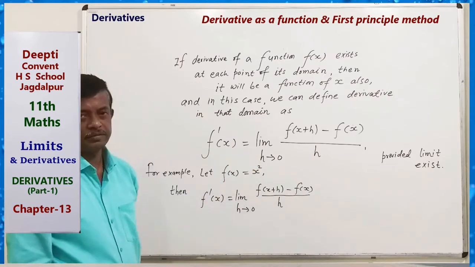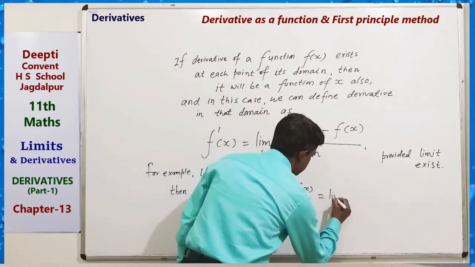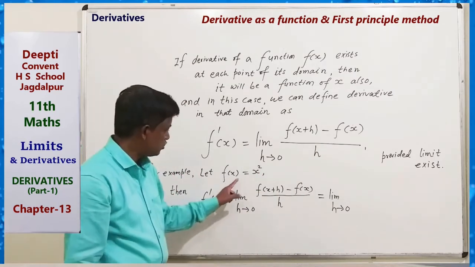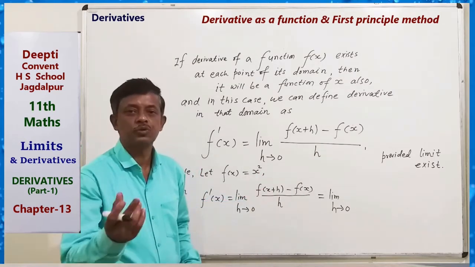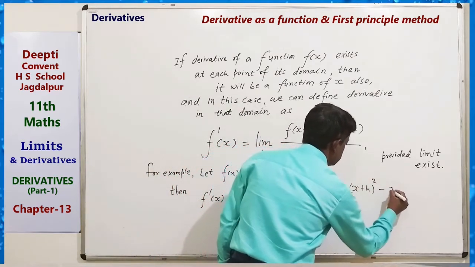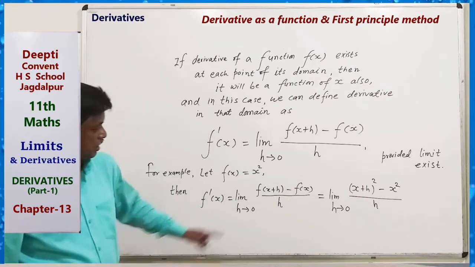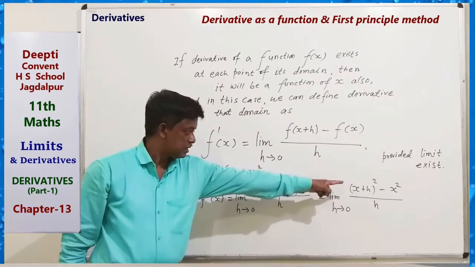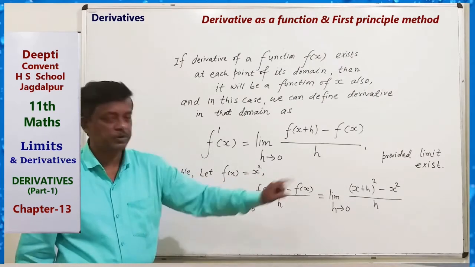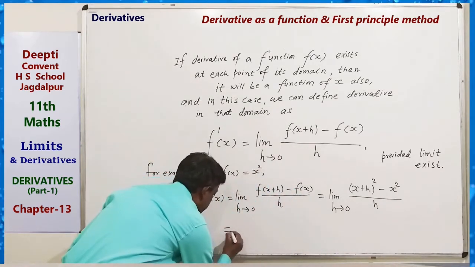This is the definition. Now we write the values here: f(x) equals x square, so (x plus h) square minus x square, upon h, as h tends to 0.